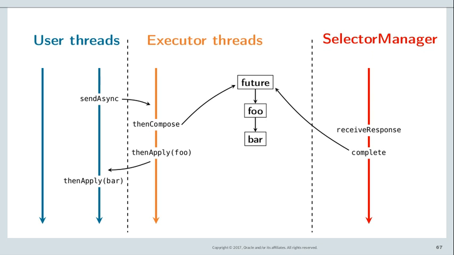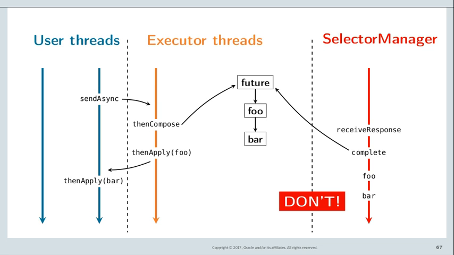We have action foo, our internal action foo chained to that future, but because we return our CompletableFuture to users, the user also could chain other actions here. And foo is our function from our library, and bar is a function from user library, which is specified and attached to execution. What will happen if we are doing complete from our selector manager thread?